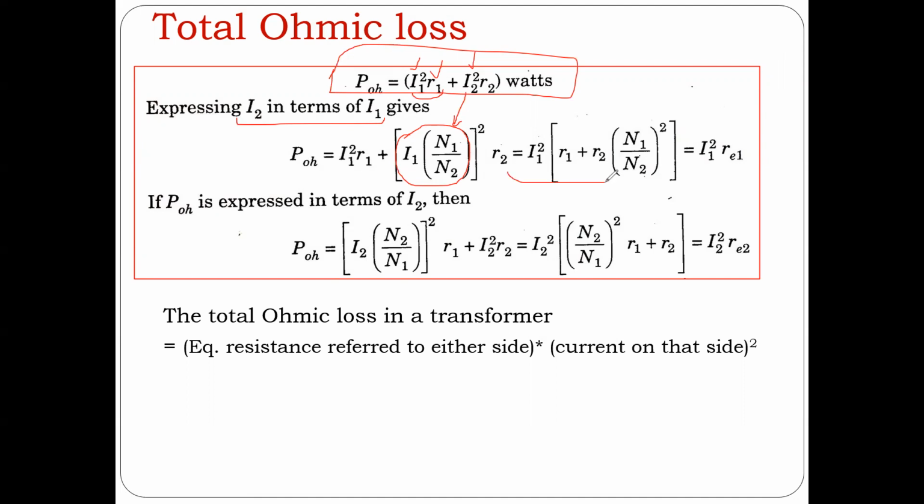If you further solve it, you take this I1 squared outside common, and what is this? This is nothing but R equivalent on the primary side. If you take R2 from the secondary to the primary side, it would be something like this, isn't it?